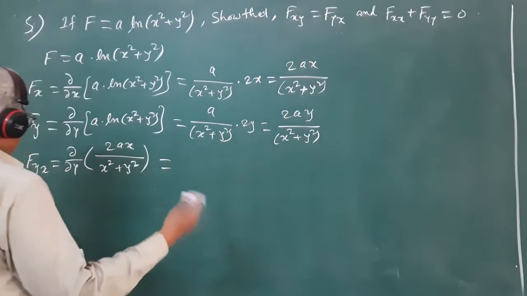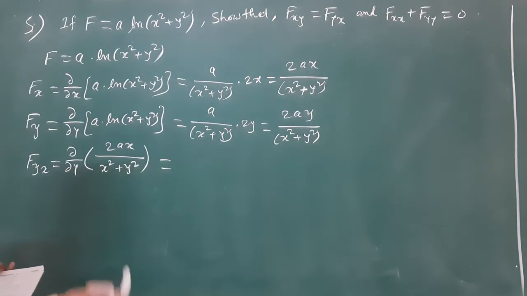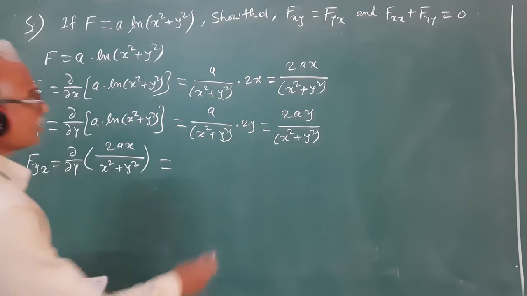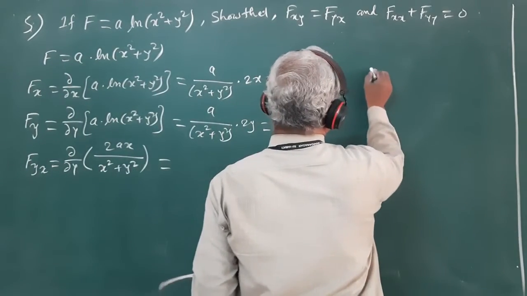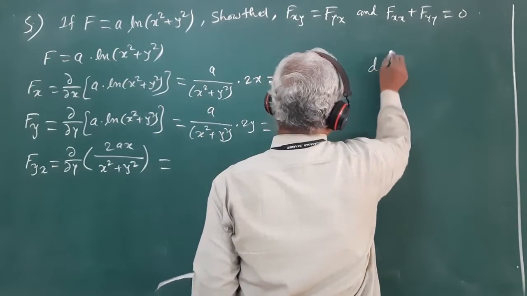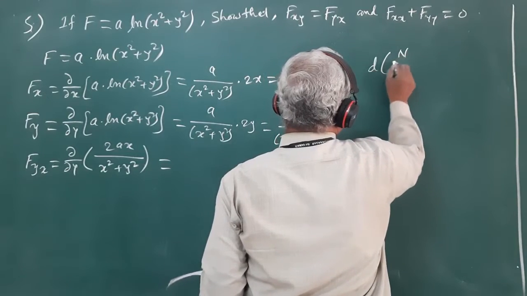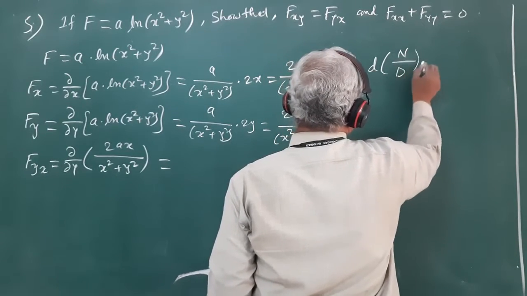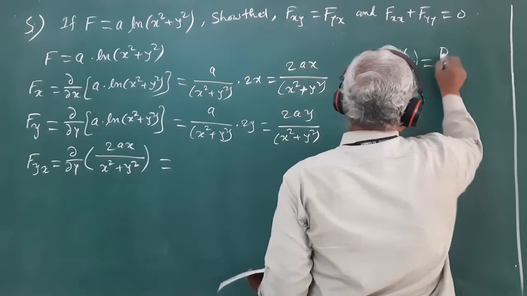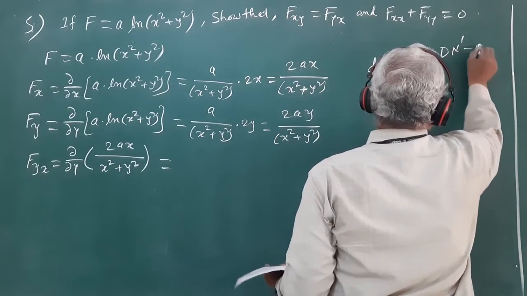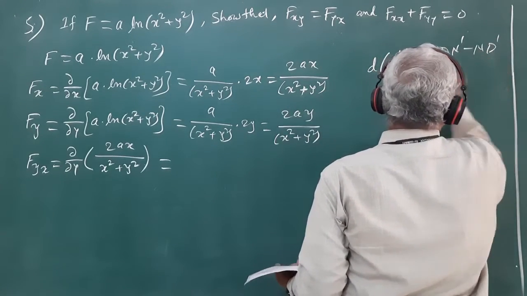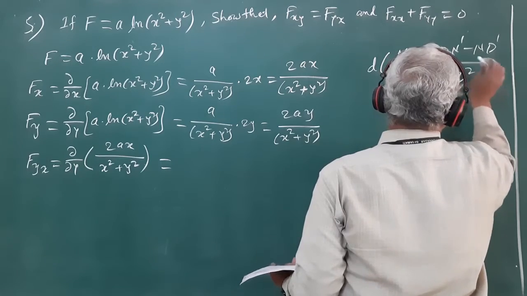here we have to apply the quotient rule for differentiation. The quotient rule for differentiation is: differentiation of numerator divided by denominator is d n dash minus n d dash upon d square.